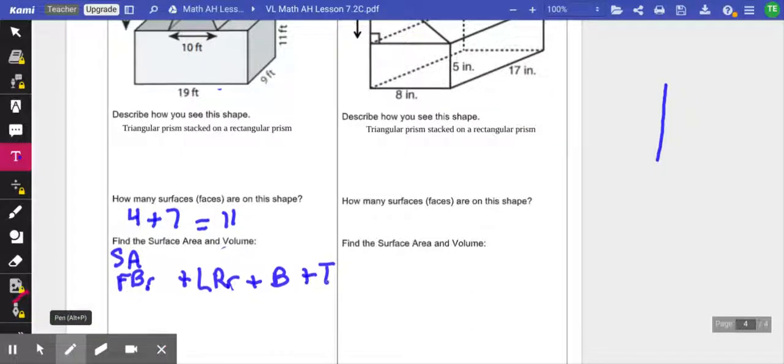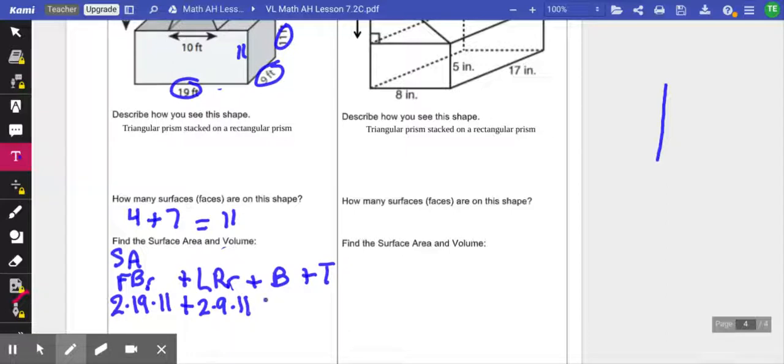Okay, so for the front and back, these are 19 by 11s, and there's 2 of them. So I have 2 times 19 times 11. And for the left, right, I have 2 of them, and they're 9 by 11s. So I have 2 times 9 times 11. And then for the bottom, it's a 19 by 9.